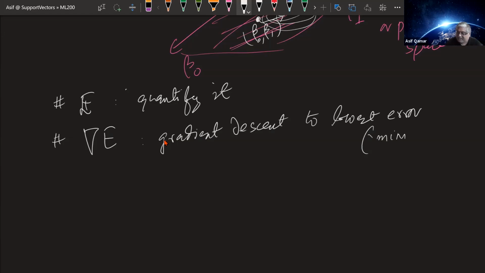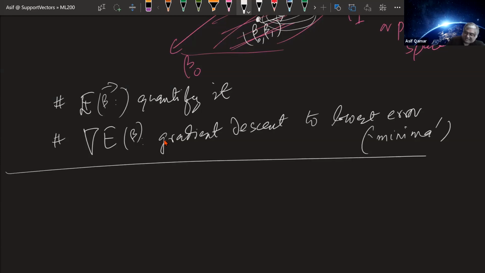Calculus people use the word minima. To the minima, and that is machine learning. It's a walk on two legs as far as this sort of regression problem is concerned. You first quantify the error of a hypothesis, and then you take the gradient descent. This hypothesis in this particular case is based on a beta, whatever the value of your beta naught, beta 1 is. Then you take the gradient of it to find the point of least error.